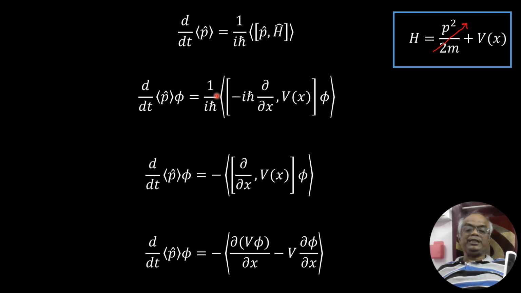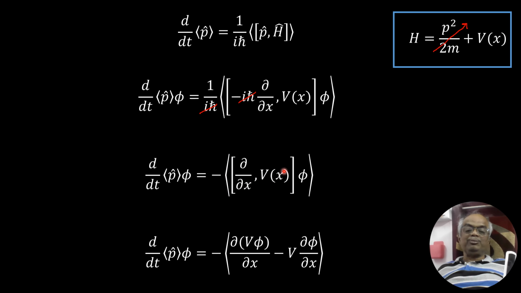So this can be rewritten as 1 over iħ [A, p], where the momentum operator p is minus iħ ∂/∂x, and V(x) acts on the arbitrary function ψ. Here the iħ and iħ will get cancelled, so you take only the negative sign outside.